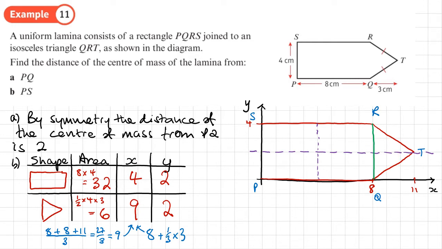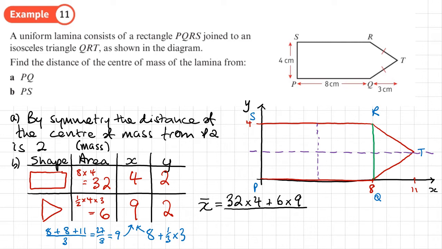So in part B we're finding this distance from PS, which is x bar, and x bar is going to be the sum of each area, which we're using as the mass, because the area is going to be proportional to the mass since these are uniform lamina. So each mass times its center of mass in the x direction. So I'm going to have 32 times 4, there's my first mx, plus my second mx, which is going to be 6 times 9.